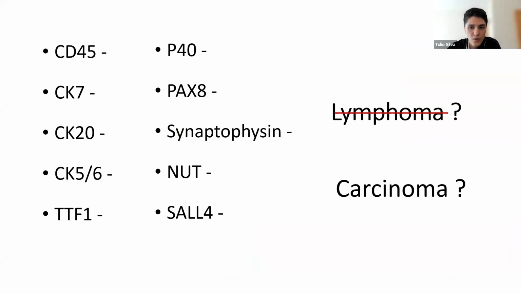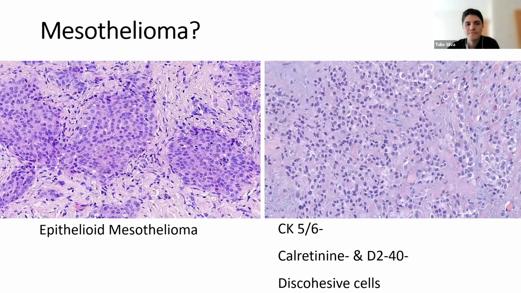We also applied a wide panel of immunostains to exclude the possibility of lung carcinoma, neuroendocrine carcinoma, carcinoma metastases, or even rare tumors such as NUT carcinoma or germ cell tumors, showing no expression for these markers. So the idea of an epithelial tumor was losing power in our differential, even though it's not totally discarded. What about the possibility of a traditional mesothelioma?